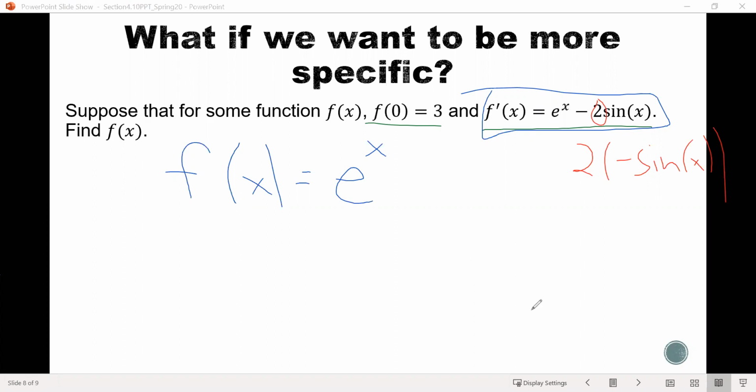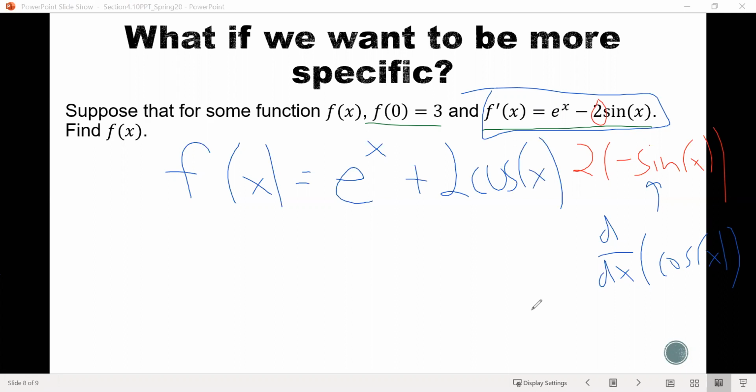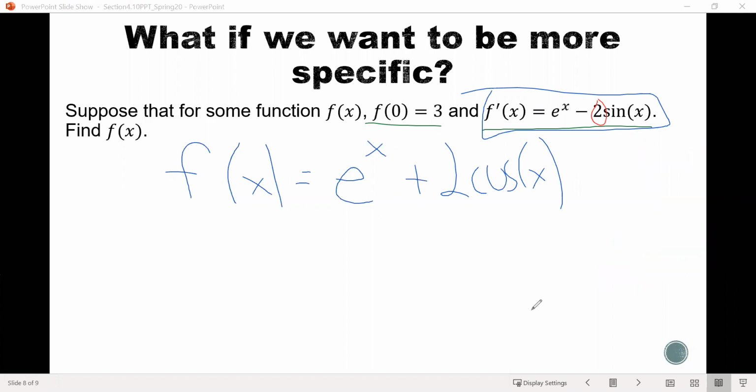And we already know that negative sine of x is the derivative of cosine. So it looks like our function here would be e to the x plus 2 times cosine of x. And again, we could double check that. And this is a general antiderivative, so we must not forget that plus c there at the end.